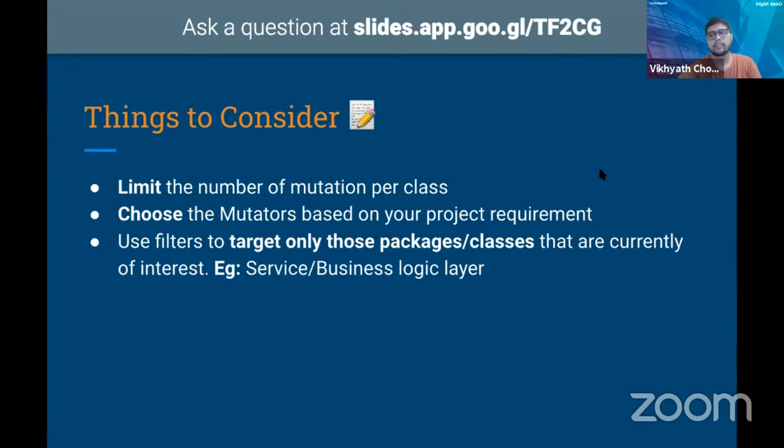So I would recommend using this tool only in the business layer where the main logic resides. At least that part should be totally tested and bug free. Others are just integrating layers, right? Like the controller and other layers are just integrating with it. The service has the main business logic, but it has to be covered for sure.